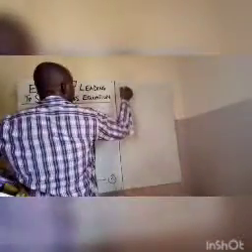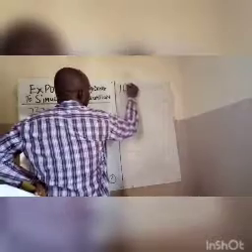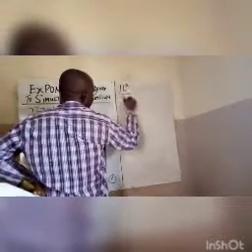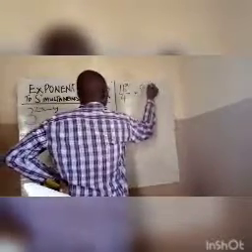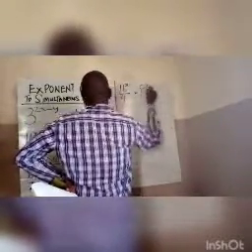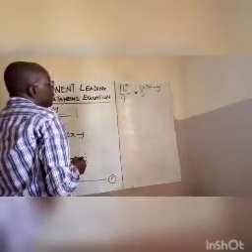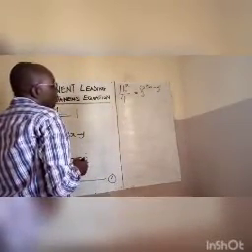Then equation 2 will be 16 raised to power s over 4 equals 8 raised to power 3s minus y. You discover that you can express all of them in the power of 2.